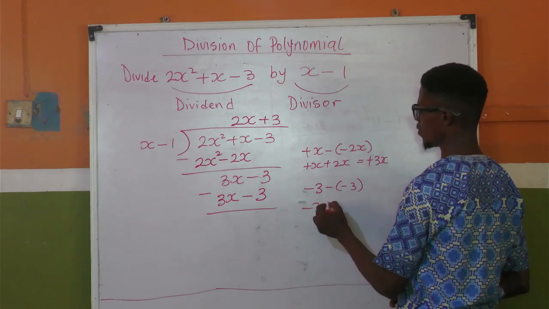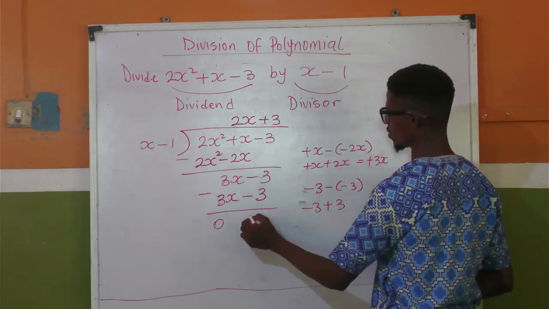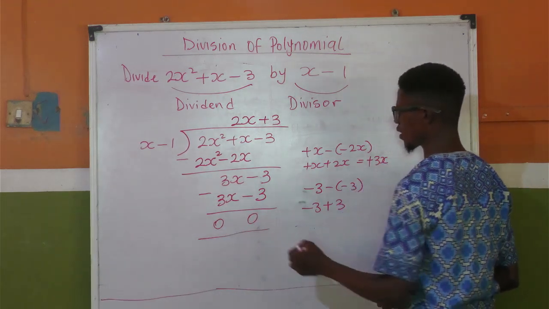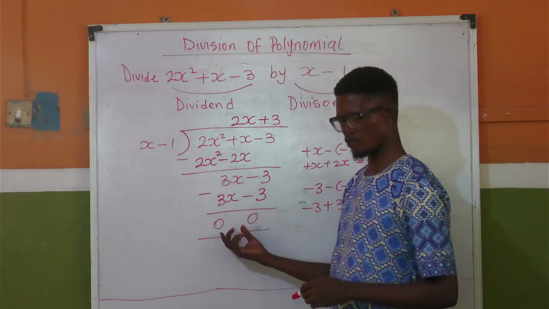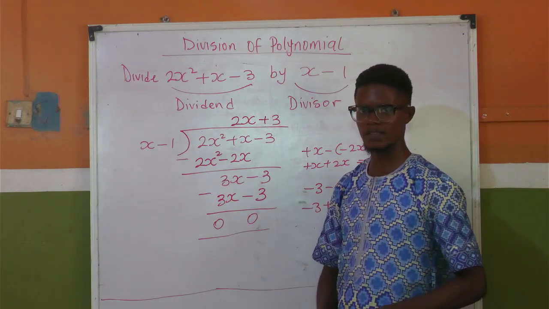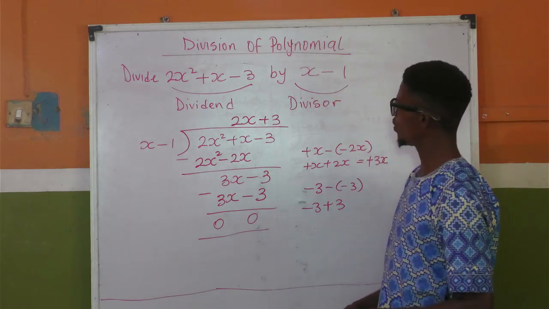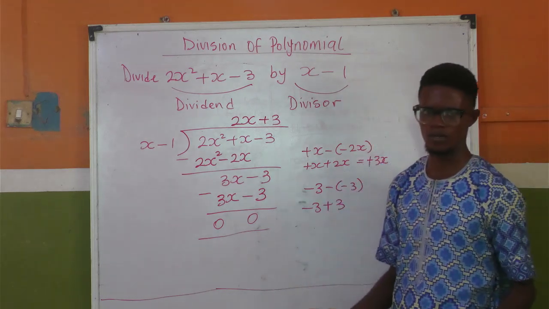So minus 3 plus 3 gives what? 0 and 0. So in this case now, we can say that our remainder has become 0. We can no longer go forward to divide again. So this is a simple way to perform the division of a polynomial.